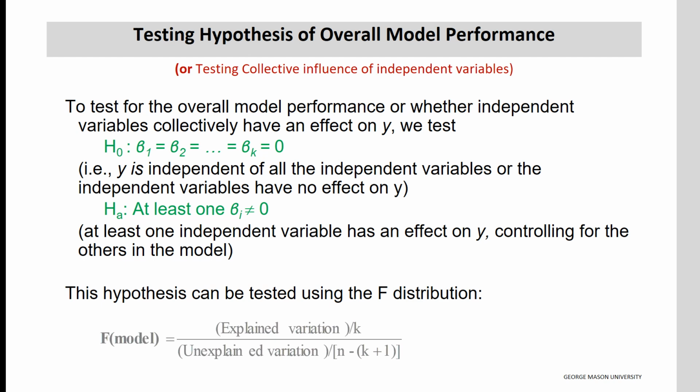This hypothesis can be tested using the F distribution. So we have what we call the F test for the entire model, which is expressed as a ratio, where we have the explained variation divided by k degrees of freedom, over the unexplained variation, which is divided by n minus (k plus 1), which is the degrees of freedom associated with the unexplained variation.